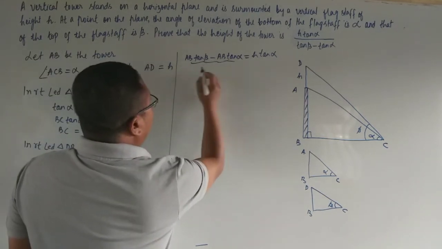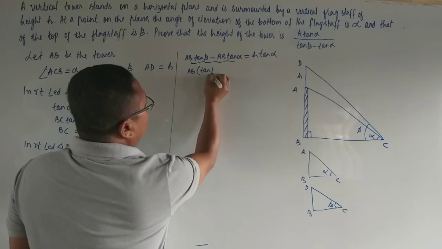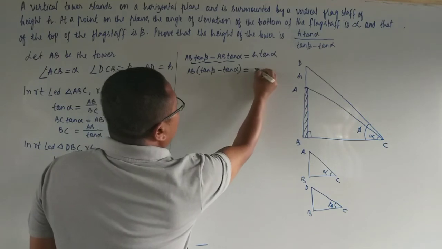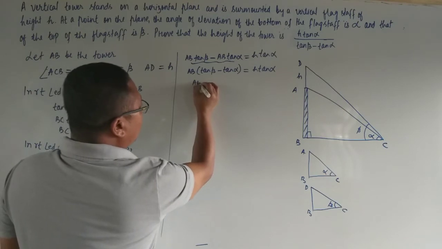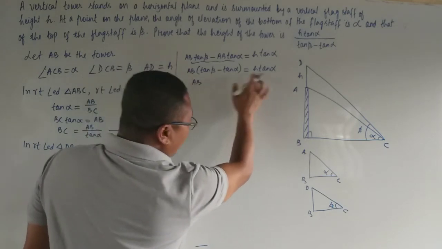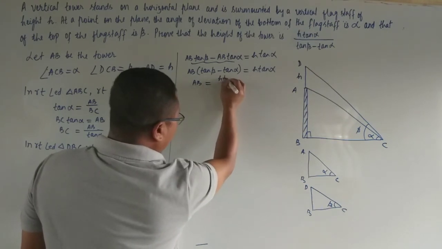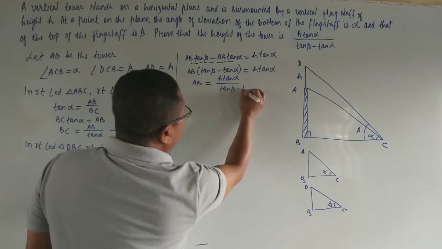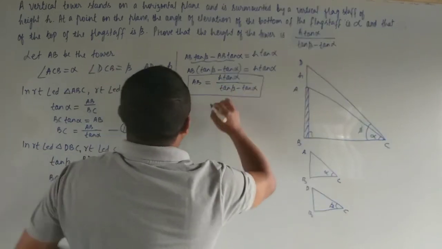Now looking at these two terms, we can take AB common. So AB common, tan beta minus tan alpha equal to h tan alpha. Now AB, take this to the right hand side, it will now divide the right hand side. So AB equals h tan alpha by tan beta minus tan alpha. So this is the answer of this question.